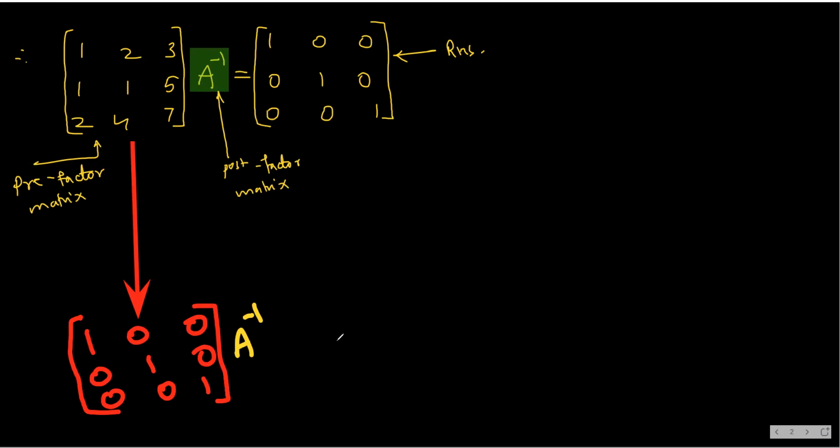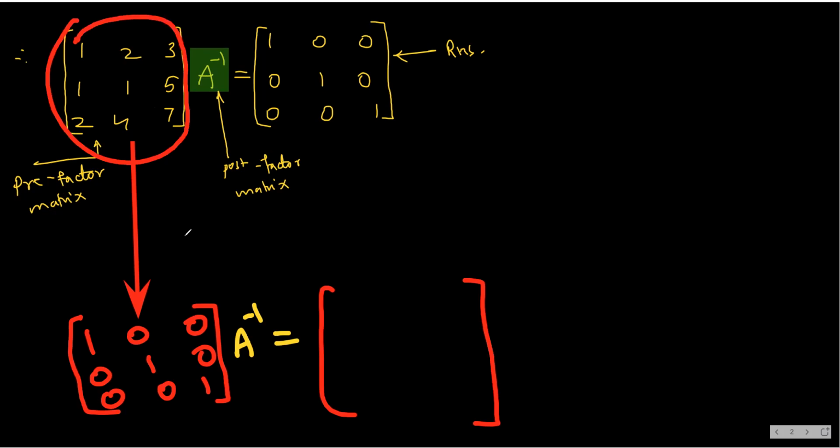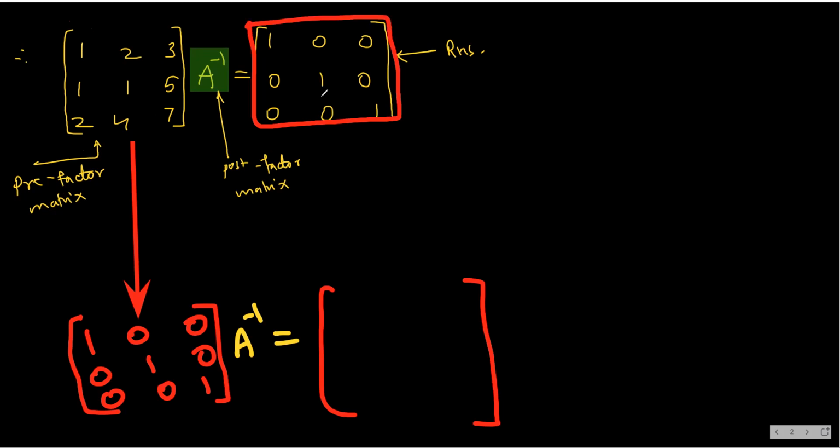As you know, row transformation is applied only on the prefactor matrix. And this side, see here, students, whatever transformations I applied on the prefactor in order to write it as a unit matrix, I will apply all those transformations on the RHS matrix also. See, I repeat again.